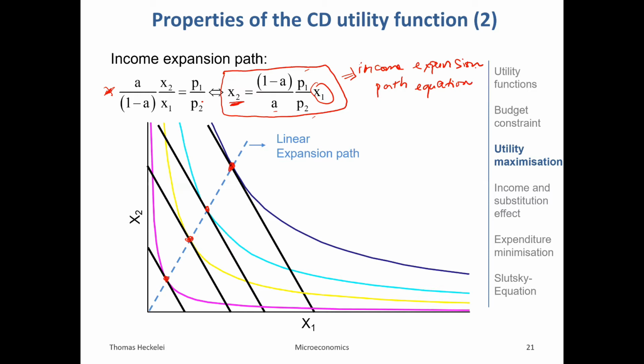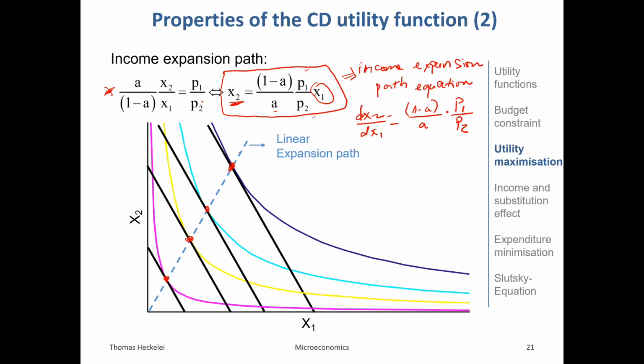And what is the slope of this income expansion path? So you take the derivative again of x2 with respect to x1, which is (1 minus a) over a times p1 over p2. So this equation shows that it's a linear function, so that will be a line.